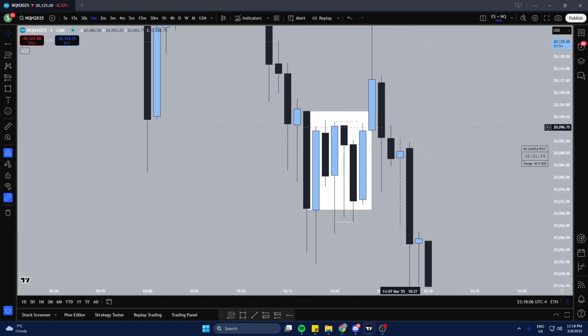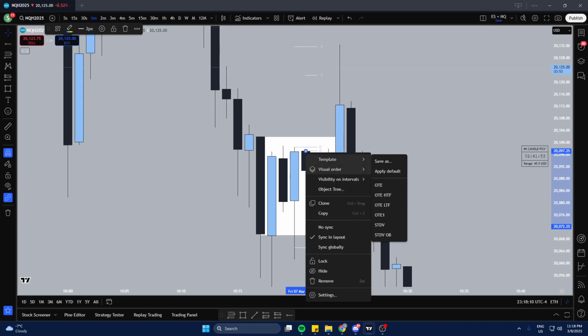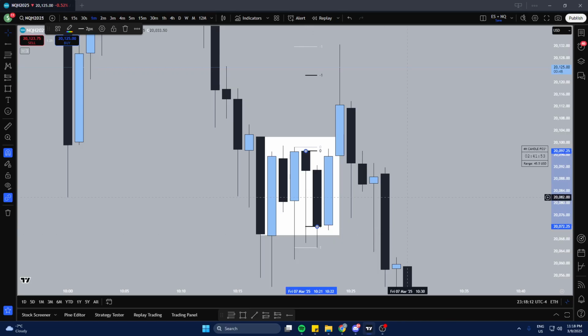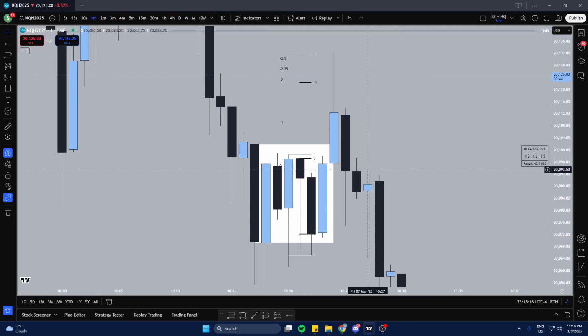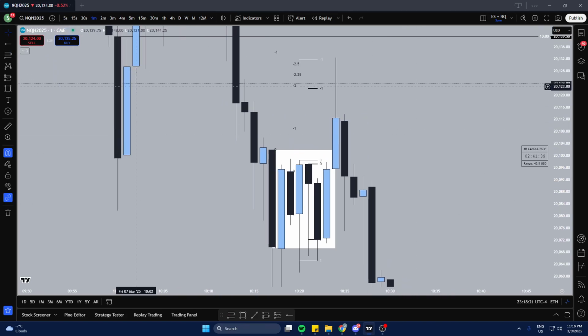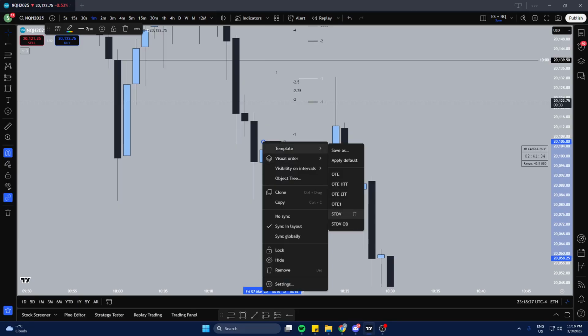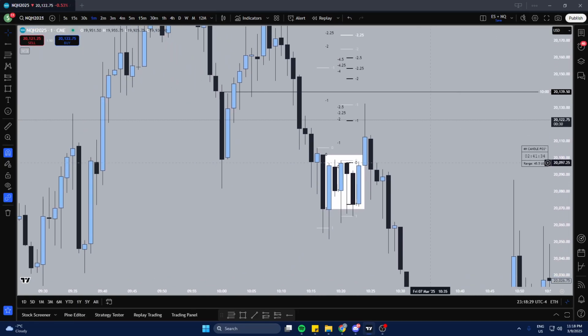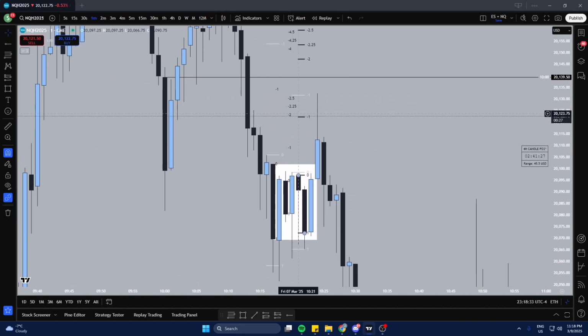So we use this leg, and we can also use this body, this body, this body, and maybe even this body. And we can project this too. And so you can see we get this area around here.